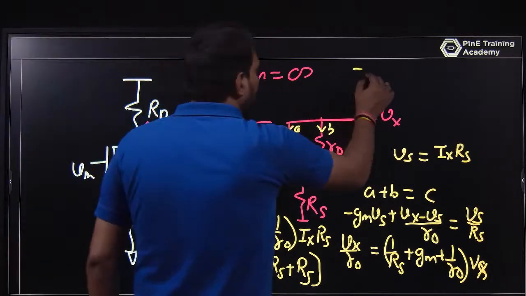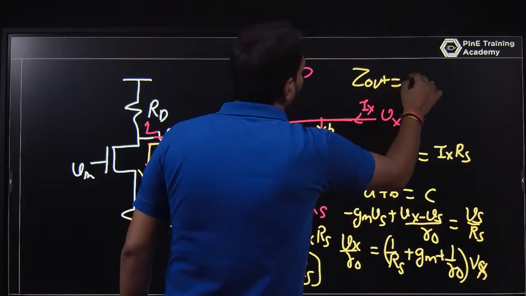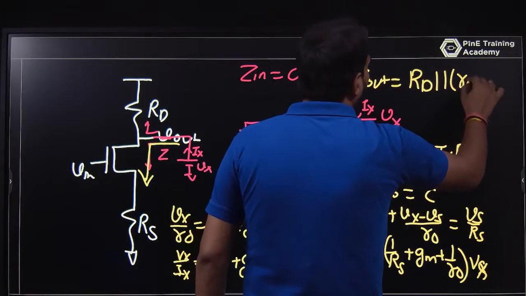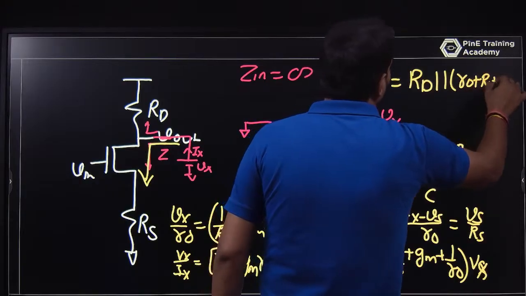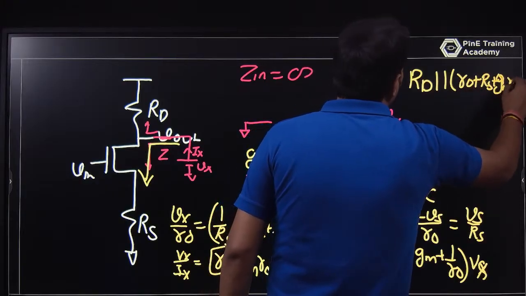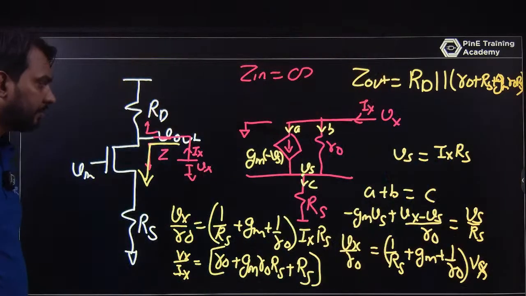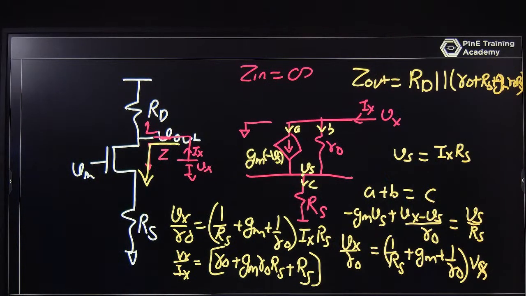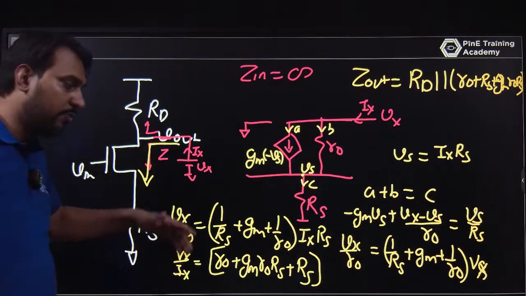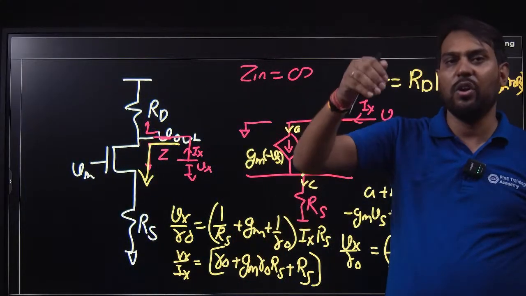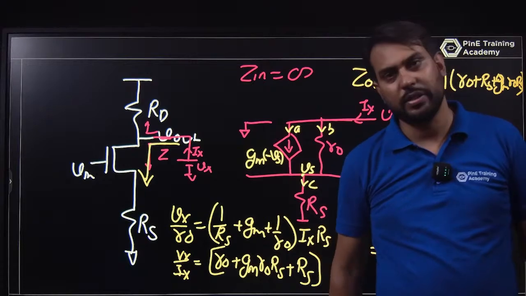Z out is equal to Rd in parallel with R naught plus Rs plus gm R naught Rs. So from the drain side, the impedance is R naught plus Rs plus gm R naught Rs.